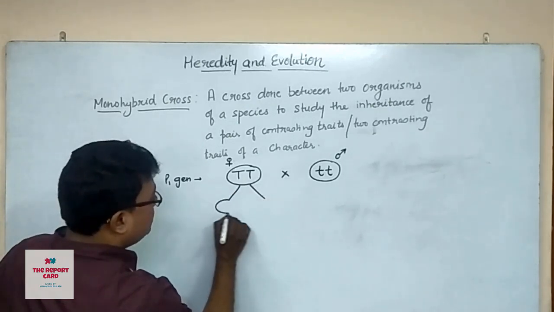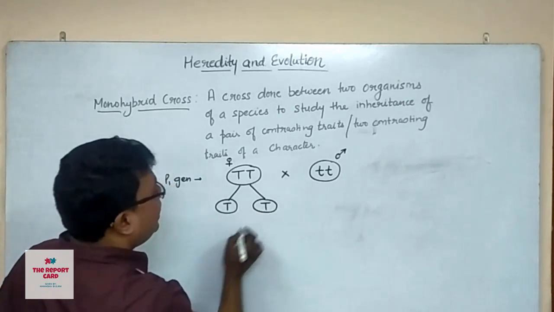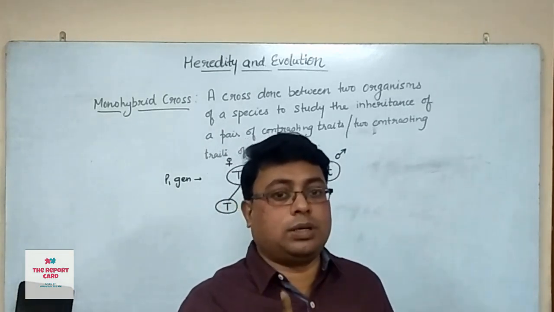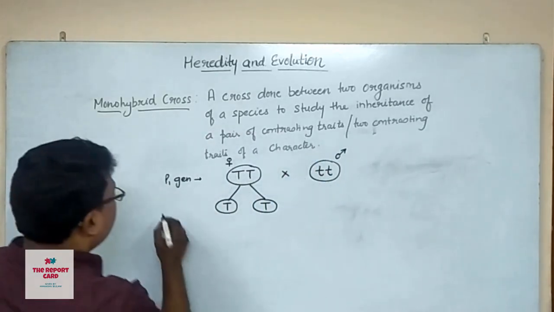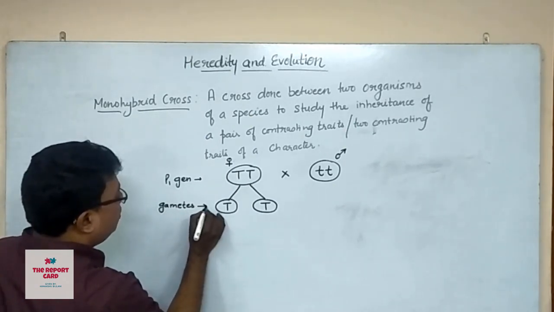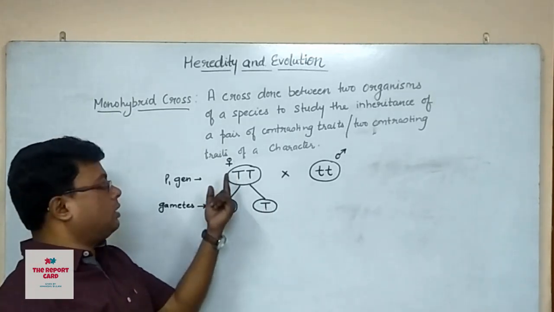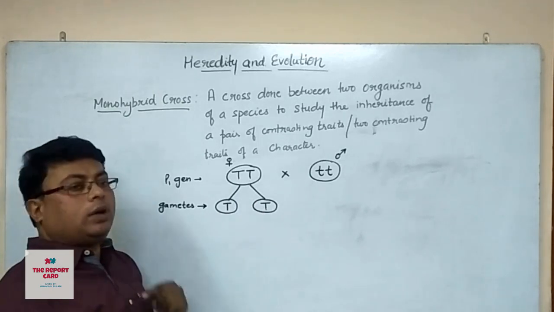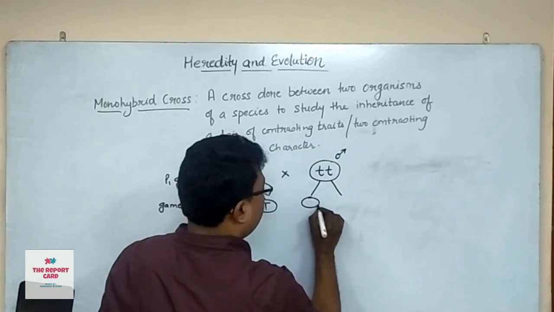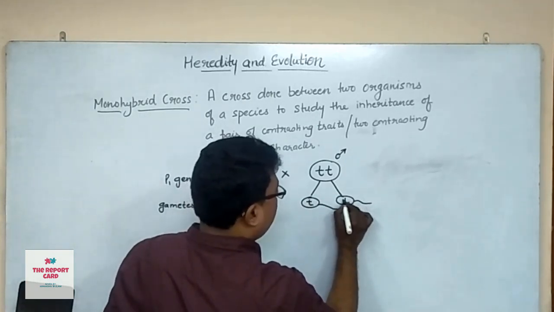Since gametes are always haploid, only one allele for every trait will enter into the gamete. Always remember that. So we write down the gametes. This is a female, so there are two gametes since there are two alleles, one allele and one allele.